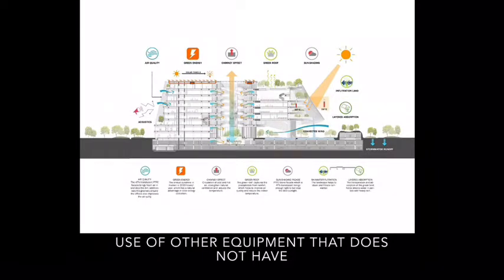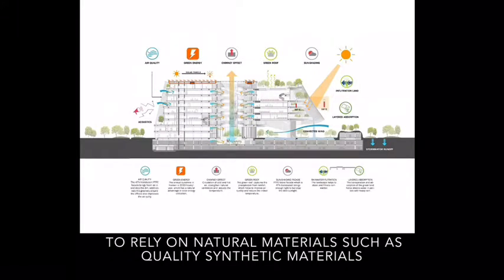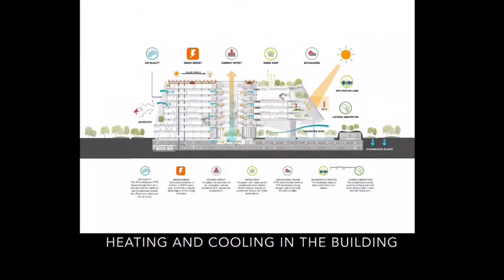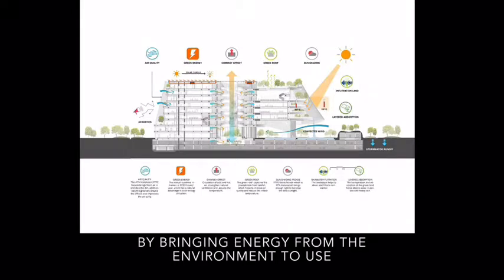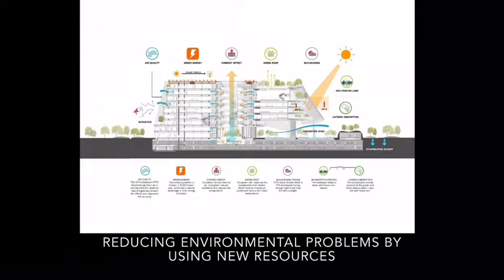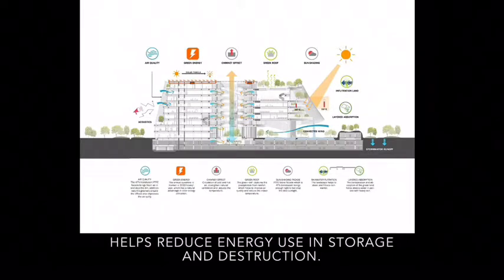Use of other equipment that does not have to rely on natural materials, such as quality synthetic material. Heating and cooling in the building by bringing energy from the environment to use. Reducing environmental problems by using new resources. Help reduce energy use in storage and destruction.